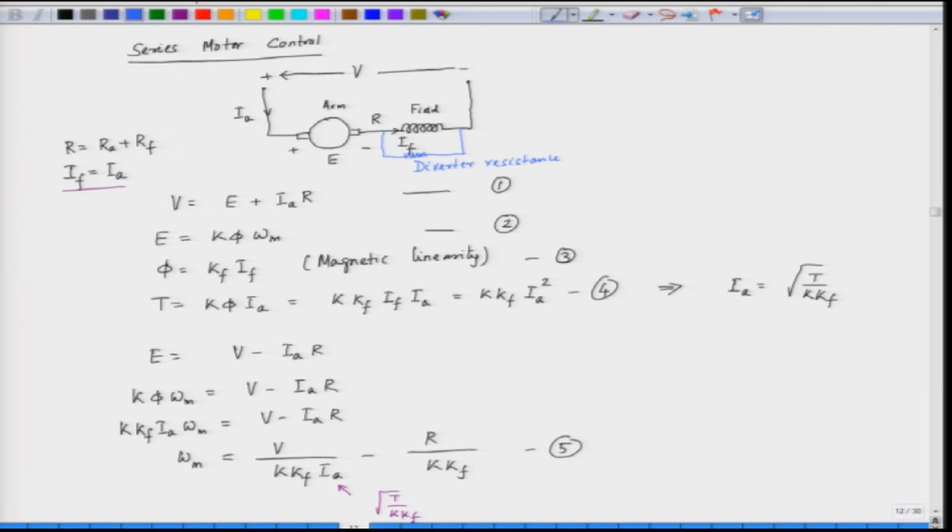So, when we put a diverter resistance, the effective field current is reduced here, because this is also taking some current. So, the current flowing through the field winding is reduced. That is how the flux to the field winding will be reduced. So, the field control is also one of the ways of speed control that we will be discussing in the next lecture.